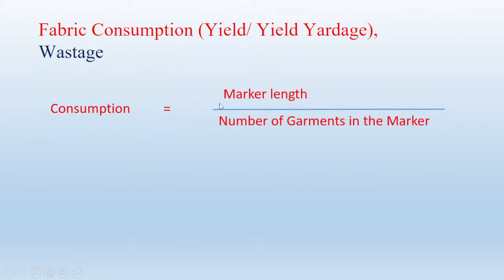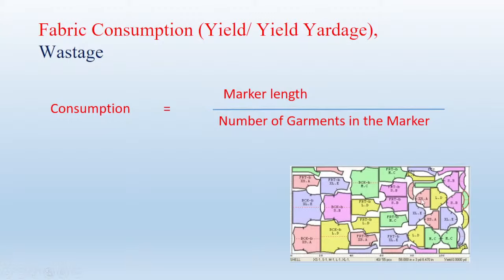consumption we have to draw a marker. I will explain in later lessons what a marker is. It's a drawing, and the marker length we have to divide by the number of pieces in that marker. This is a marker. This is the drawing, right?